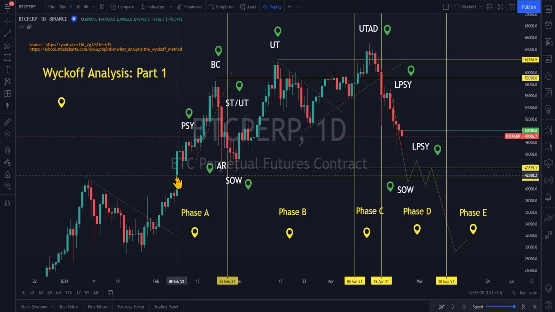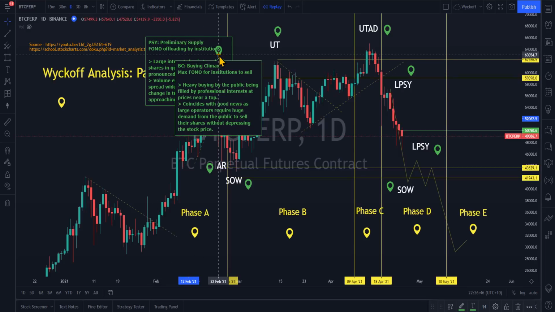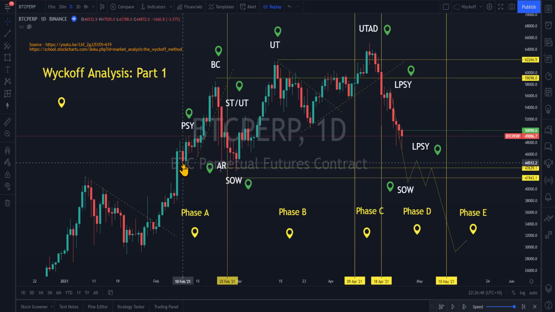What this is about: institutions have attracted the price in because of these huge increases they're advertising. Now they're testing if the demand is in the market. So they're trying to bid down the price. They're trying to suppress the uptrend, which sounds almost counterintuitive in a way, but that's what they're trying to do. So this preliminary supply is the FOMO offloading by institutions.